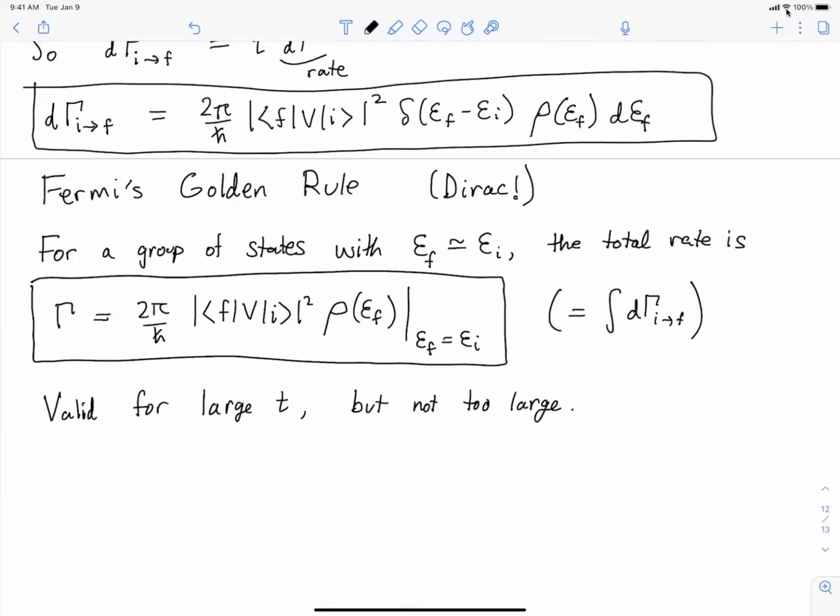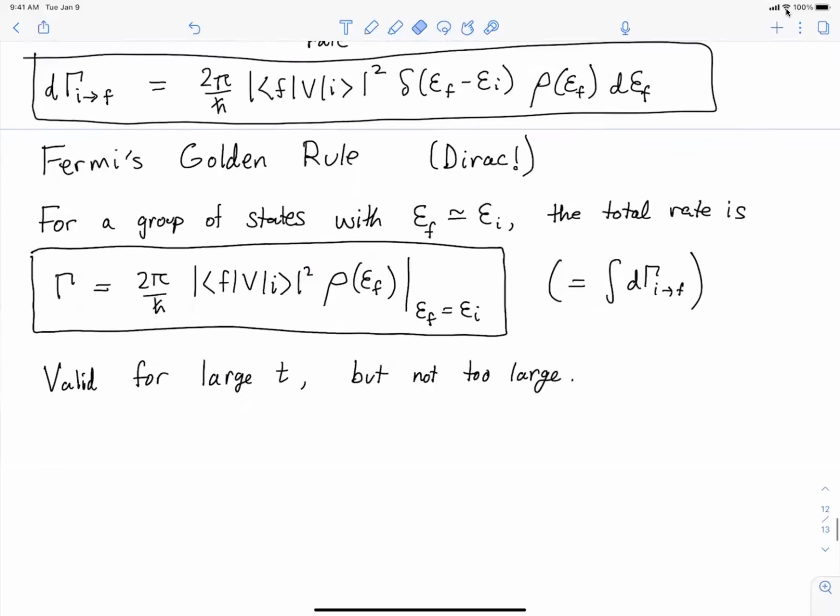Right, because we're saying there's a probability per unit time, and eventually if the time gets too large, that probability, as it's growing linearly with time, will exceed 1. And so what we mean by too large is this is not valid for times t that are greater than 1 over gamma.